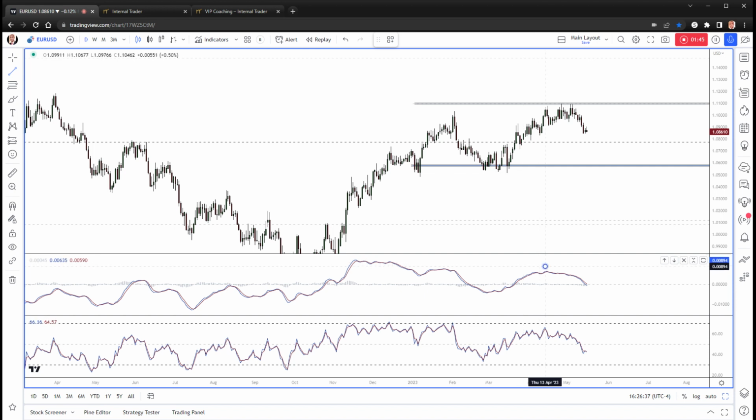The MACD was trickling to the downside while price was struggling to make higher highs, or significant higher highs. Over here on the MACD, you can see high up here, which matches up with the high that we had on the Euro USD. And once it started stalling out, we started getting some signs that this market could get weaker and tip over, which it did.